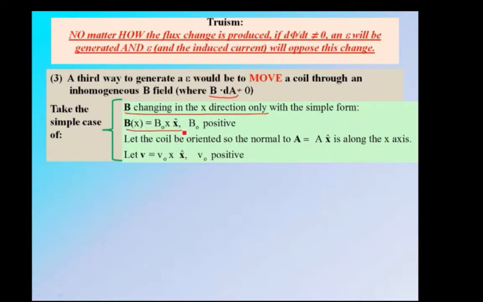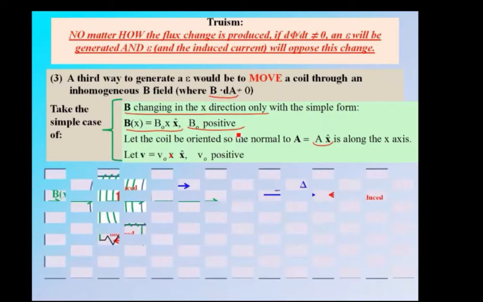It just looks like a B field which is increasing with x. We'll make B0 positive. And we'll let the coil be oriented so the normal to A is such that A is equal to A times x hat. So this is along the x-axis. We'll let V just be V0, with V0 positive.